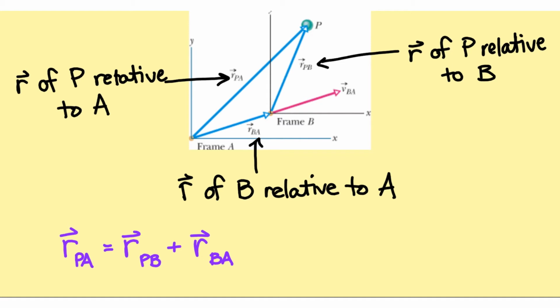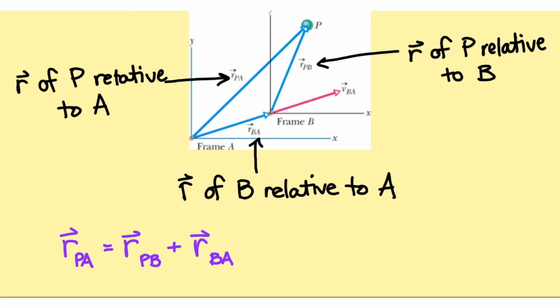So I can find the position vector of my object relative to the stationary reference frame by adding together the position vector of the object relative to the moving reference frame, plus the position vector of the moving reference frame relative to the stationary reference frame. And specifically, it's the position vector of the origin of reference frame B relative to A.